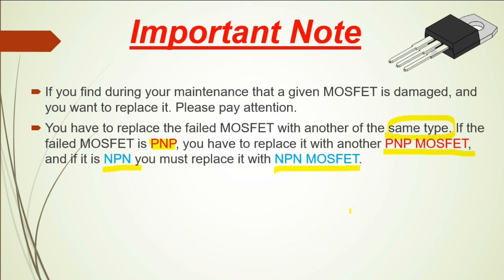But you can use its part number to identify if this MOSFET is PNP or NPN. So if you find it PNP, you have to replace it with a PNP MOSFET. And if you find it NPN, you must replace it with an NPN MOSFET.